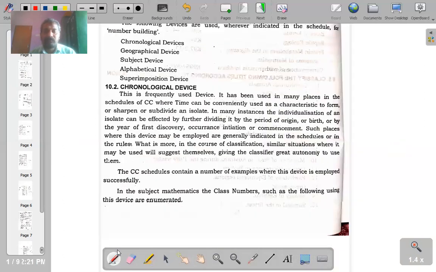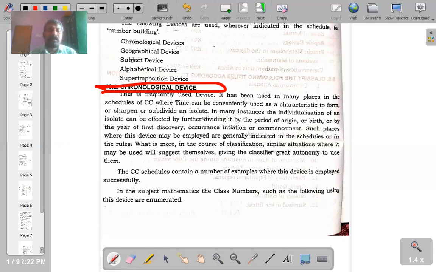Yes, let us begin with the first one, the chronological device, which is one of the very frequently used devices in colon classification. We are going to take a number from the time isolate, and that time isolate number will be used whenever and wherever required.